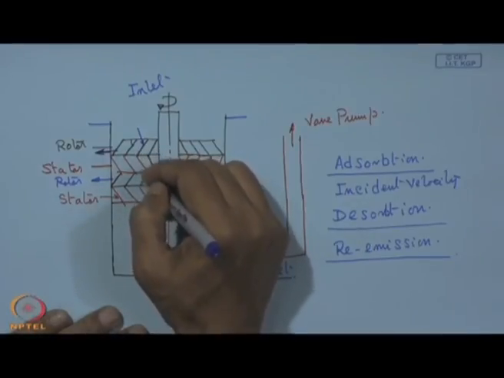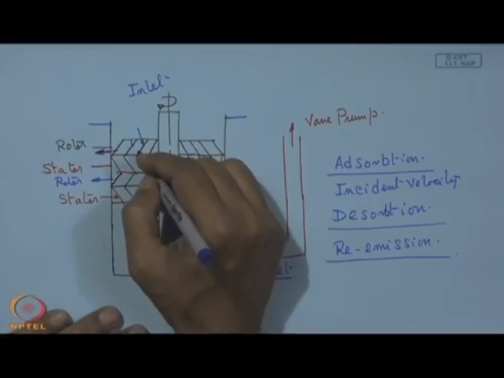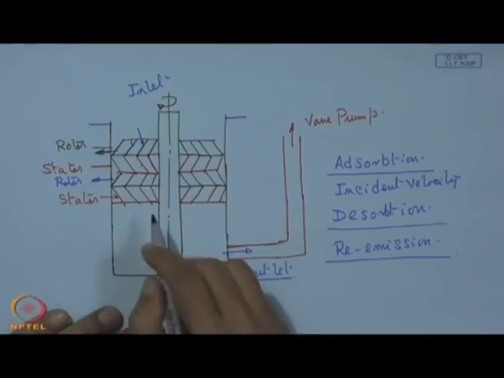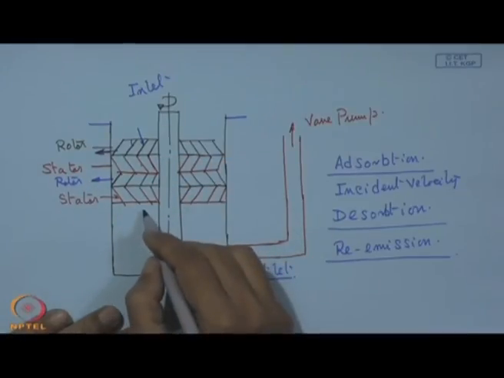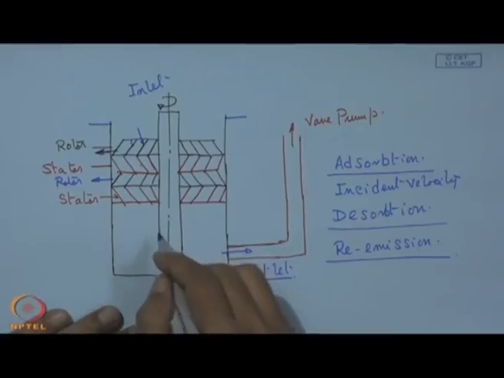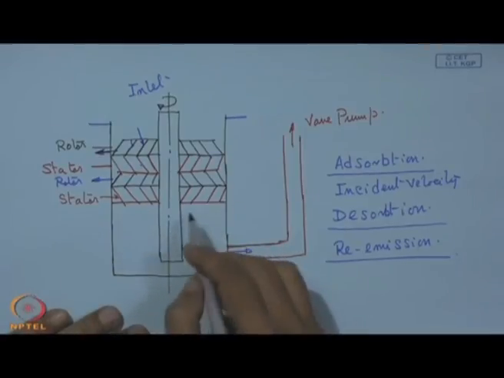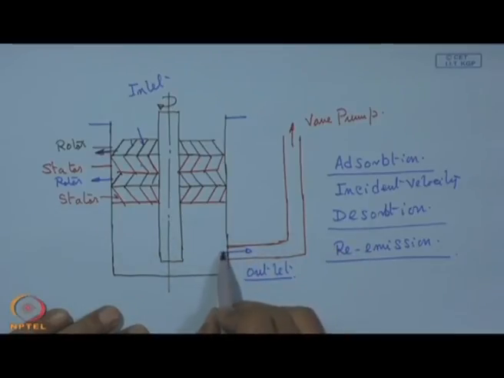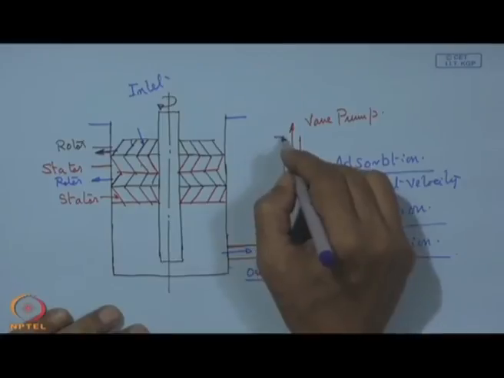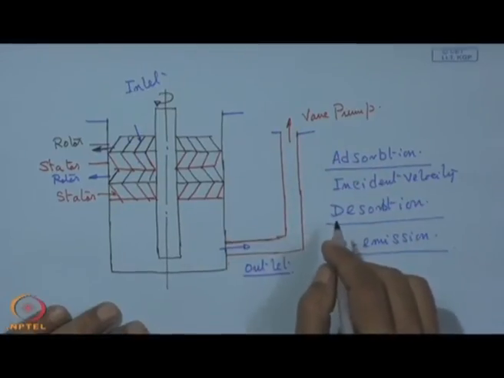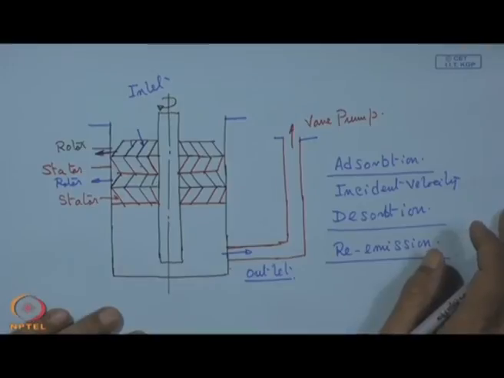So, in this way there will be an effect in series. The molecule will move after striking this surface, it will move to that, and then it will be redirected, and finally it will come out from this surface, where we have no further rotor. From this surface it will be pushed through this line, and because of this very high velocity it will have a movement, and in this case there will be a vane pump which will do the remaining part of the operation.